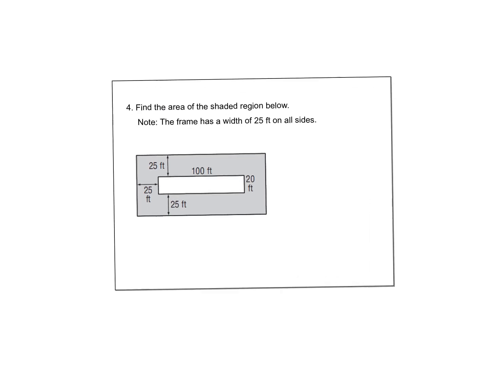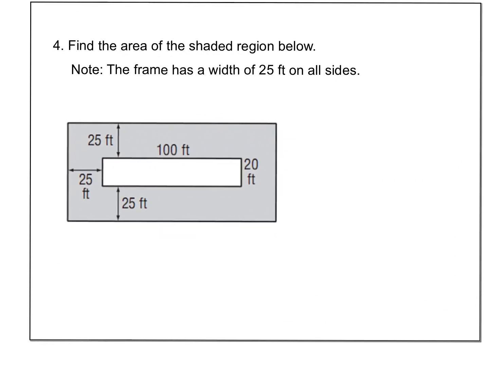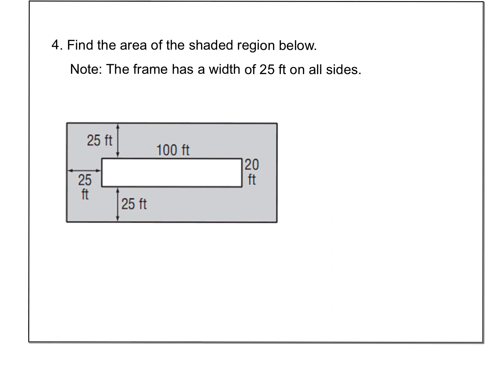Okay, last one. Let's take a look. This is figure out the area of the shaded region below. So what we need to do is take the area of the big rectangle minus the area of the little rectangle to figure out the shaded area. We need to figure out how big the long piece is.